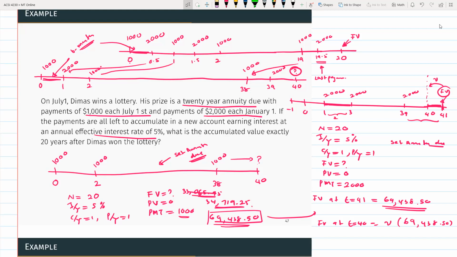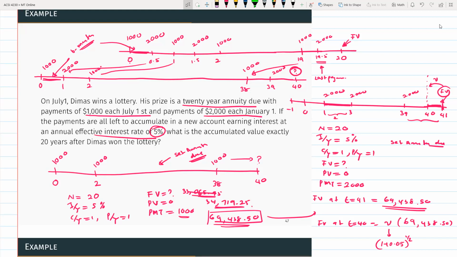The effective rate for the year is 0.05, and we can take the square root. So v is going to be 1 plus 0.05 to the 1/2, because this v is for 6 months.